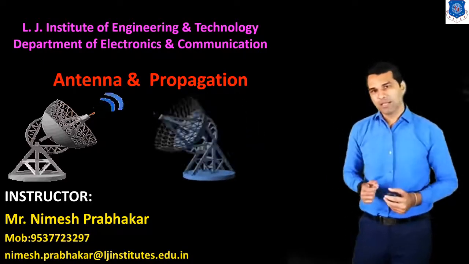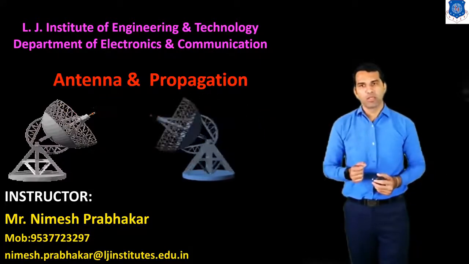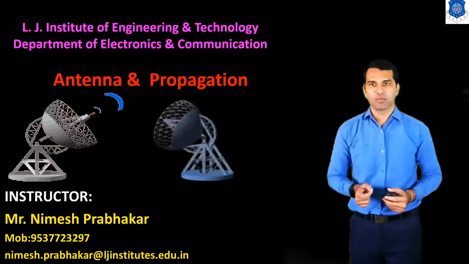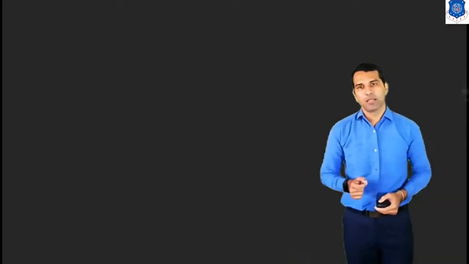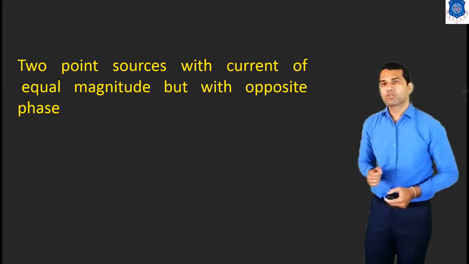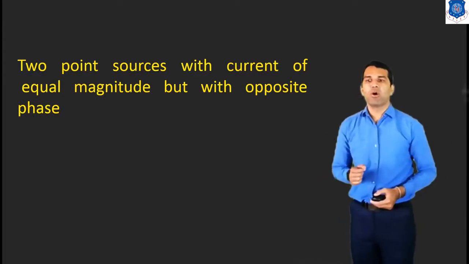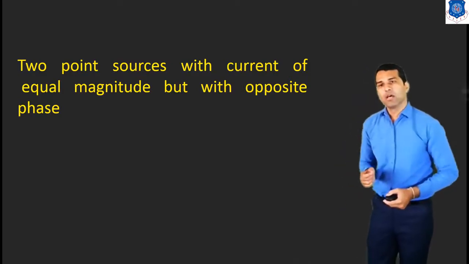In my previous lecture, I discussed the 2-point source with current of equal magnitude and phase. Now we start this lecture. In this lecture, we discuss first the 2-point source with current of equal magnitude but with opposite phase.